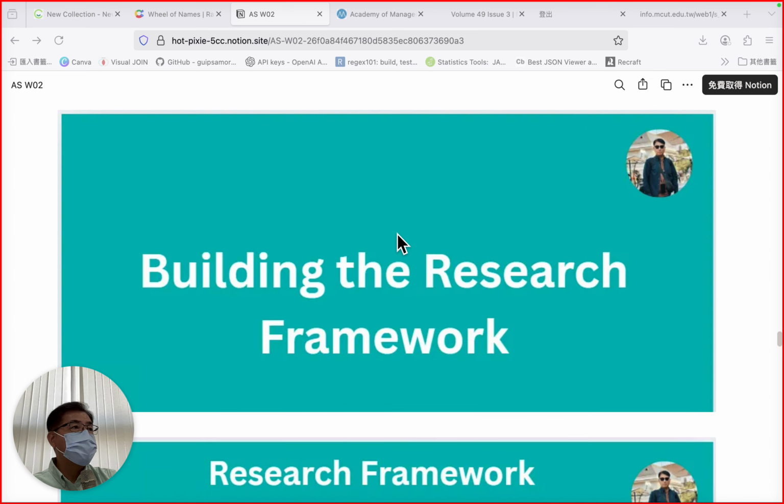Please, anyone, do you have any experience creating a research framework? Yes, please. Actually, I usually see from the main article that I use for my research topic, and then I will just pick the variable that I want to use in my research.